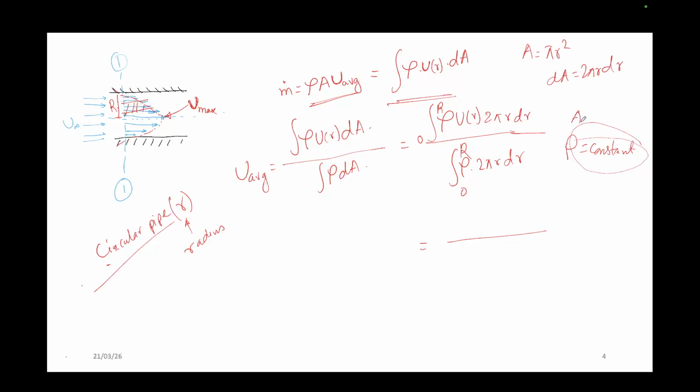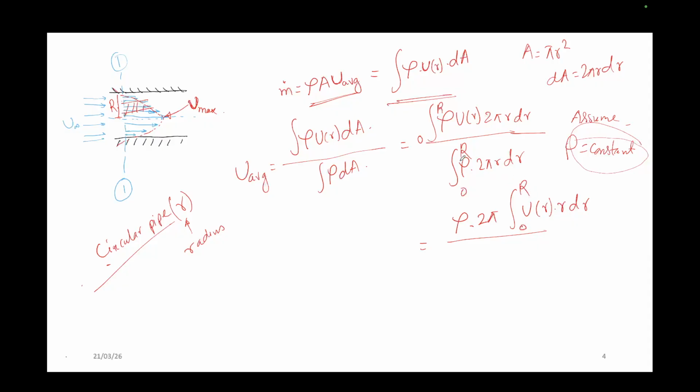I am just assuming this. In that case, the rho will come out, and 2 pi will come out, and what will remain inside is r dr from 0 to R.